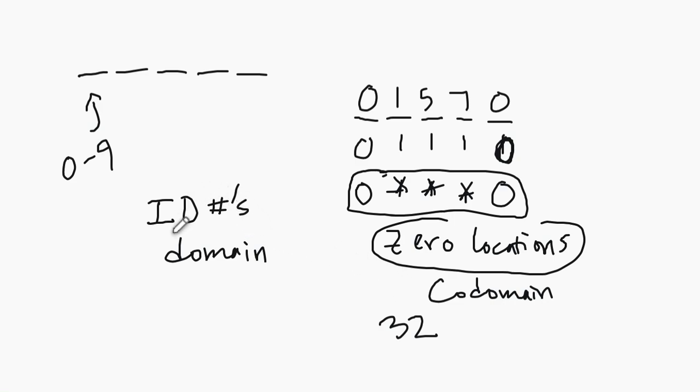So how big does the domain have to be to guarantee that we're going to get 3 of these being sent to the same 0 location? That means 3 things are in the same fiber box. So we're going to have a fiber box diagram with 32 boxes, the codomain elements.